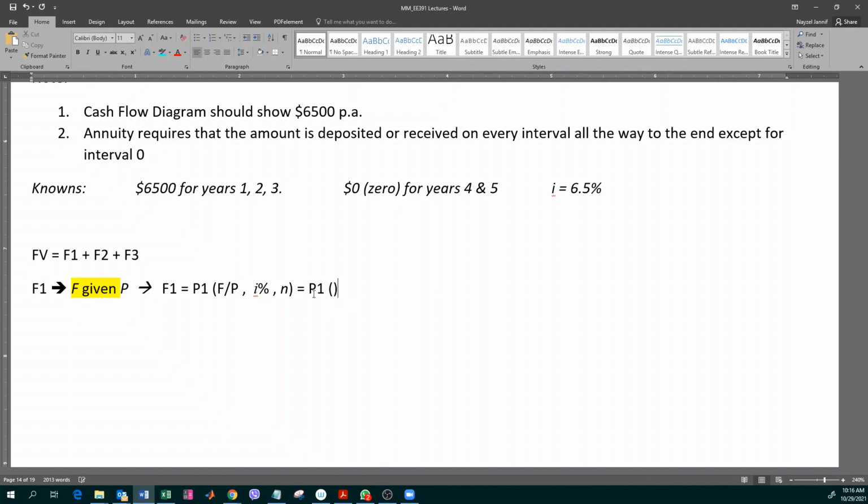P1 multiplied by F given P. Josiah is the only one who got it right. Guys, you are not putting in solutions today, I notice. That's okay. And to the power of n.